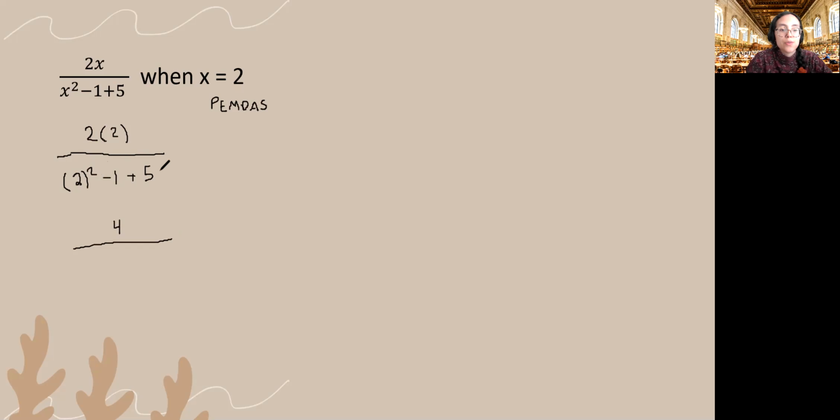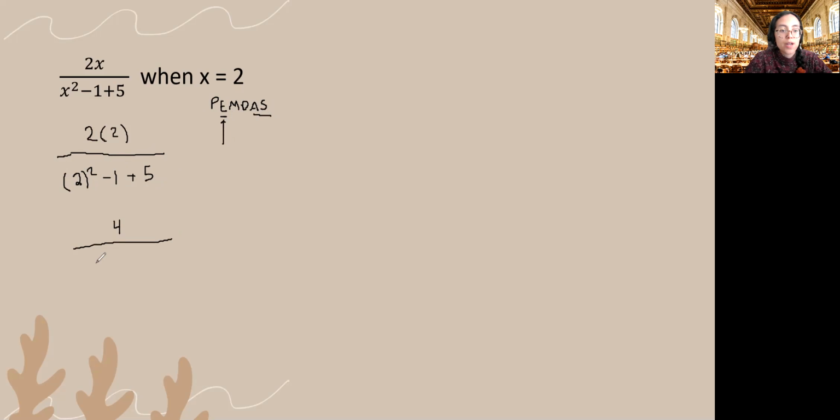So now I'm going to do the bottom, using the order of operations for my denominator. So I notice here that I have a power, I have subtraction, and I have addition. So I look back up here to my PEMDAS, and I see that evaluating powers comes before addition and subtraction. So I'm going to start here.